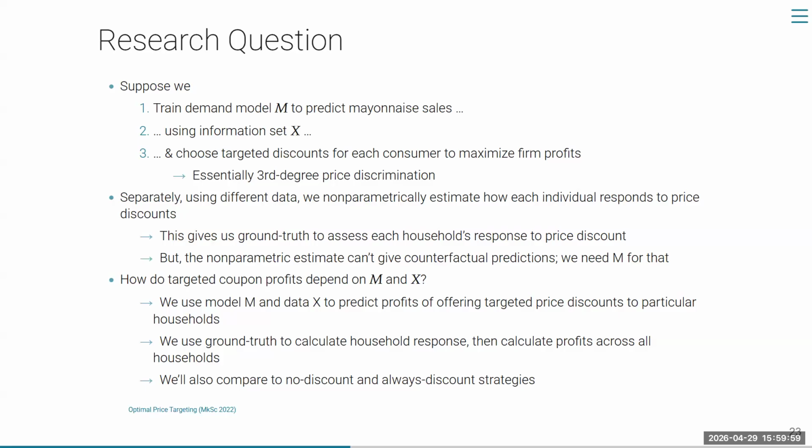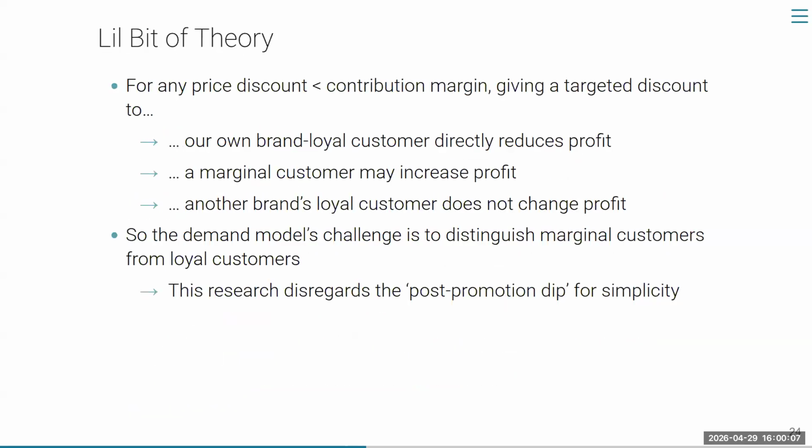And in some cases, we're going to find that these degenerate strategies perform better than the models do. Now, the reason this is a hard problem is because we have to distinguish loyal customers from marginal customers. If you give a coupon to your loyal customer who was going to buy from you anyway, it's like you're giving away your margin. You're directly reducing your profits.